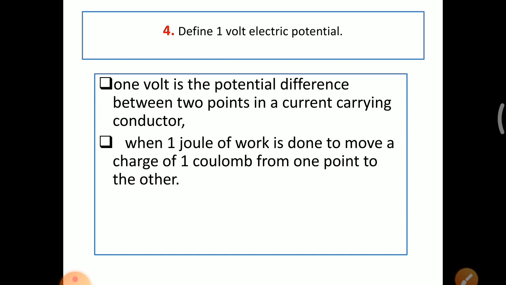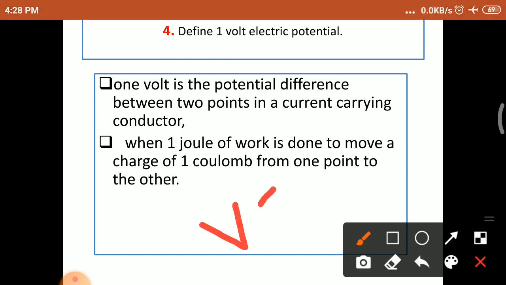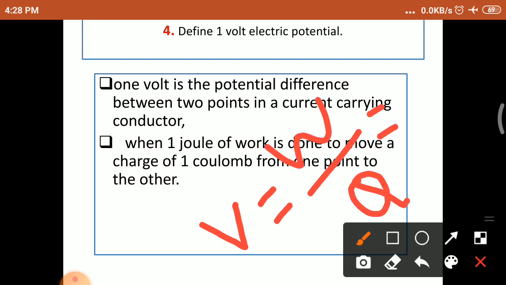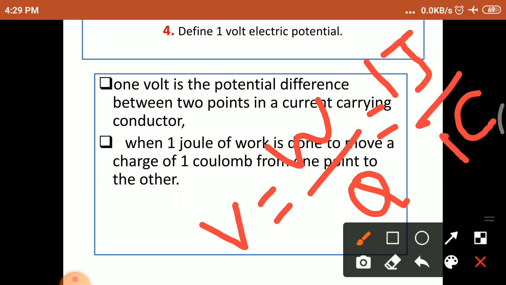That means we know that V equals W by Q. If 1 joule of work is done to move 1 coulomb of charge, then the potential difference is said to be 1 volt.